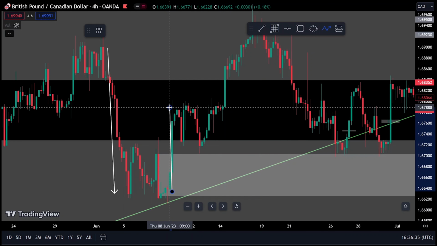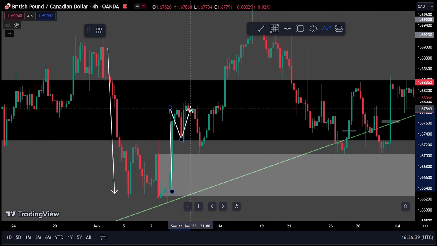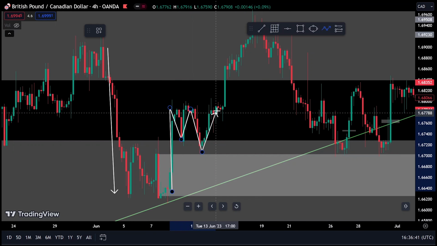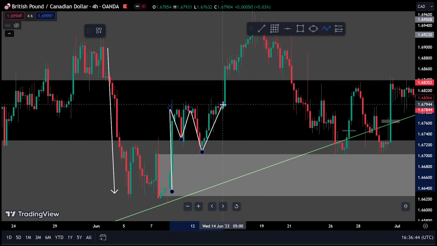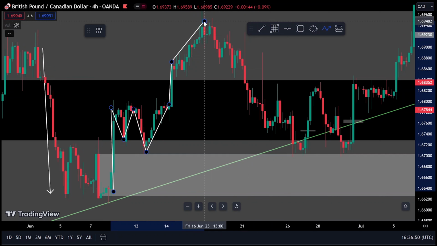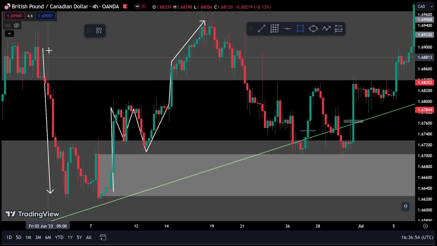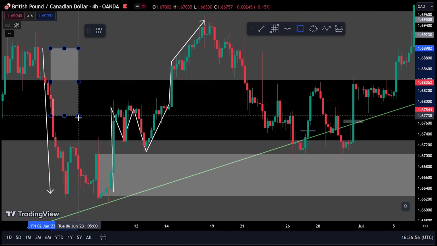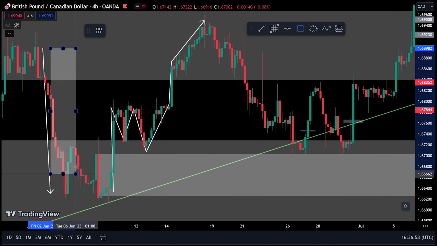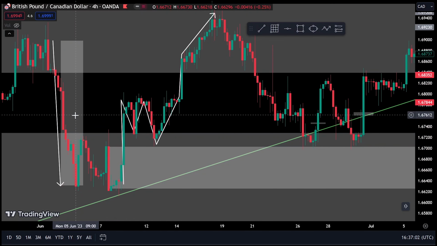First, they came here, cleared all sell stops here, came down again here, and now cleared all sell stops here, even to the side. So from this range, all sell stops lying in this range are taken out of the market. So this is what we call liquidity void.